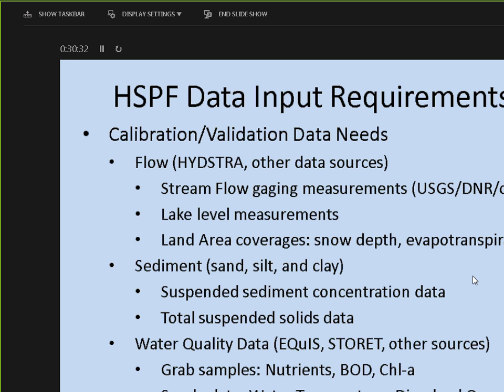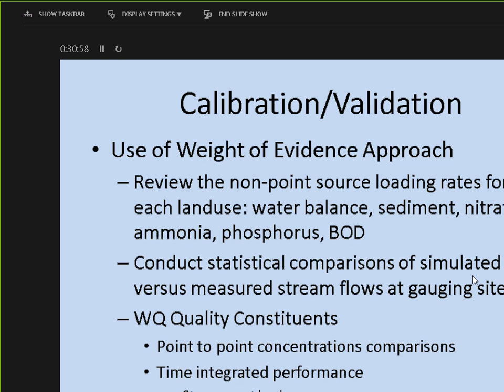So if we have TSS data, we'll clearly use that. And then, of course, with water quality, we'll use all the grab samples for the nutrients and BOD and chlorophyll A, and it helps to have sonde data on parameters that have a diurnal swing, like water temperature and dissolved oxygen. And then if we have any information from load estimators like FLUX, we'll want that too.